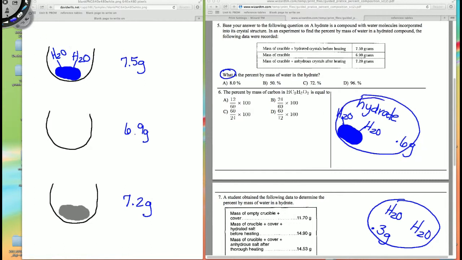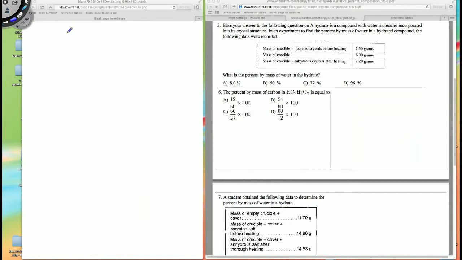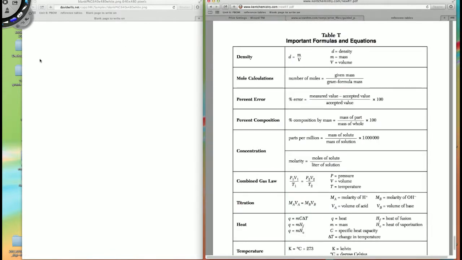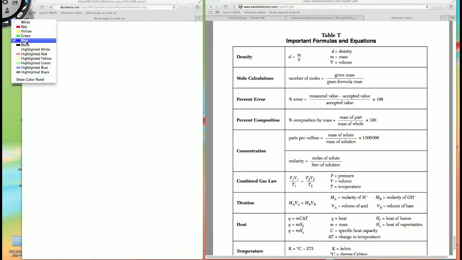Okay, I'm going to clear all this. If you need to, go back in the video and look at the picture again. So when I pull up my formula, I'm going to have the water, which is the part.